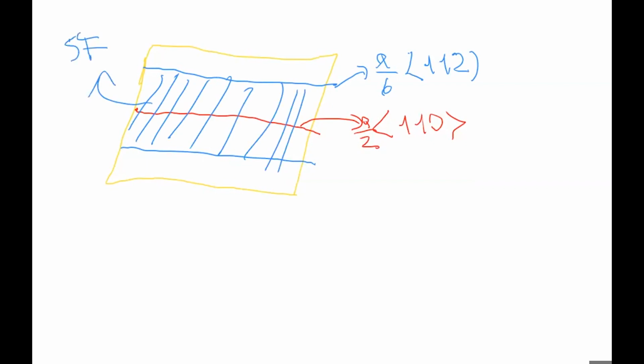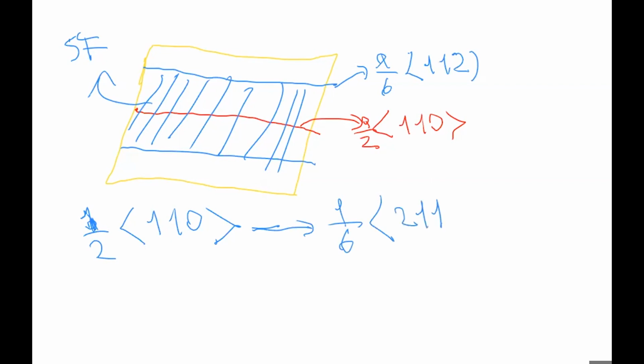So if you apply Frank's rule, a over 2, let's normalize them by a. So 1/2 [110] will decompose into 1/6 [211], right?